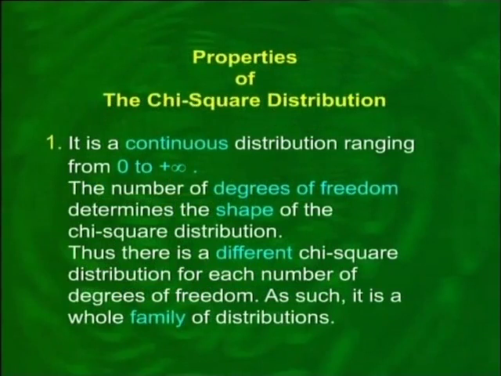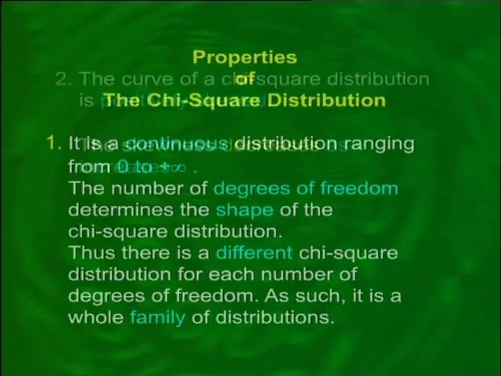Now, coming to the properties of the chi-square distribution, first and foremost, we can say that it is a continuous distribution ranging from 0 to infinity, as is evident from its equation. And as far as the shape of the distribution is concerned, the parameter nu determines the shape.